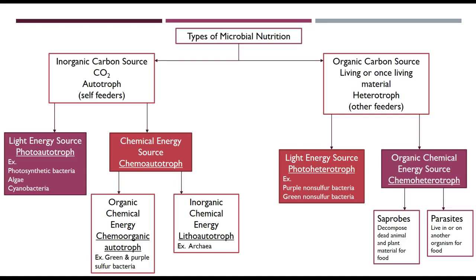We can also have heterotrophs that are able to trap light for energy, and these are called the photoheterotrophs. They use light but rely on organic carbon as their carbon source. So some examples are the purple and green non-sulfur bacteria.